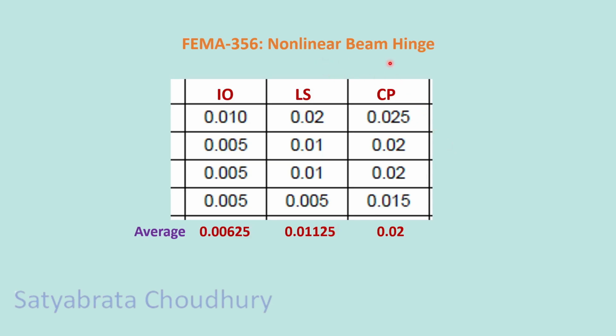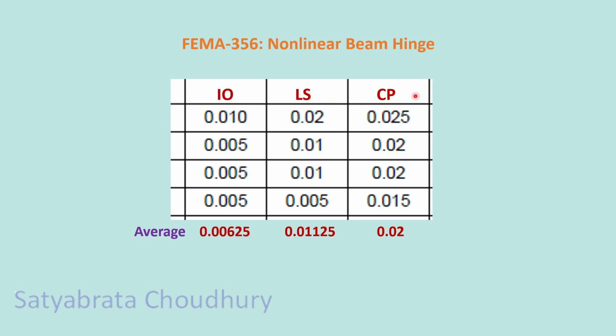Now there is some problem with the current versions of the SAP2000 software. They are using SCI 41, which has shown only the secondary values for the plastic rotation for IO, LS and CP. IO is alright, IO is the same in the primary and secondary, but LS and CP in the SCI 41 document are given only for secondary elements, but our members are primary elements.